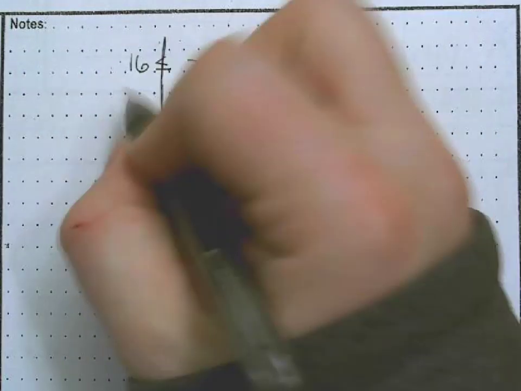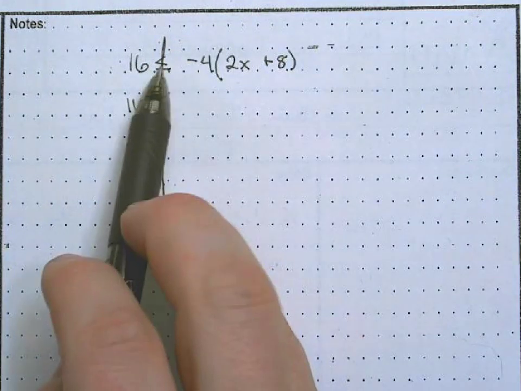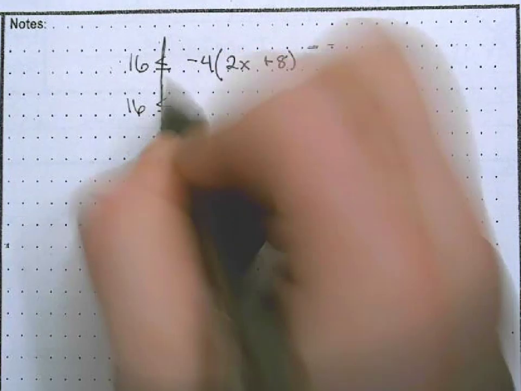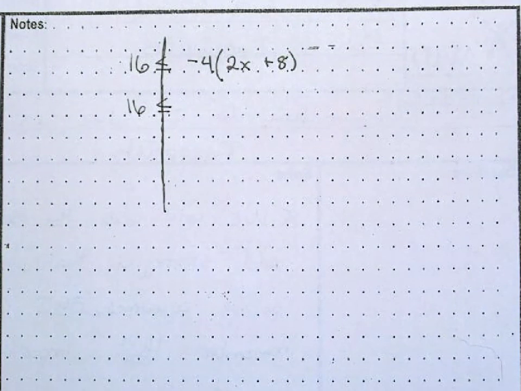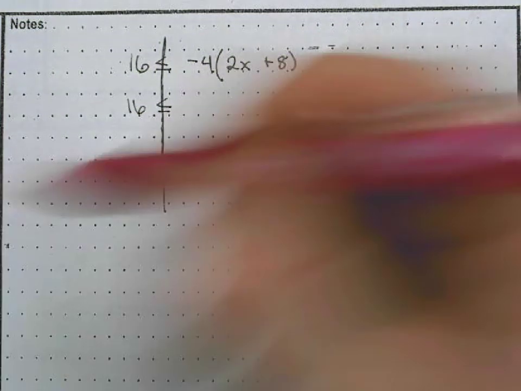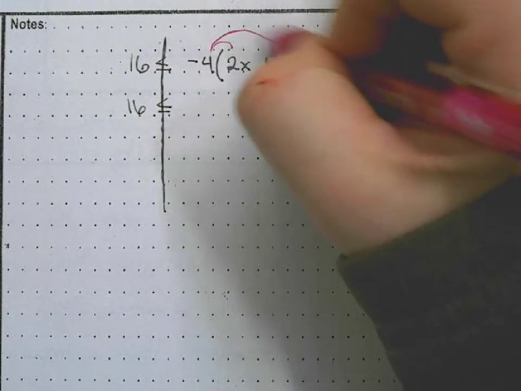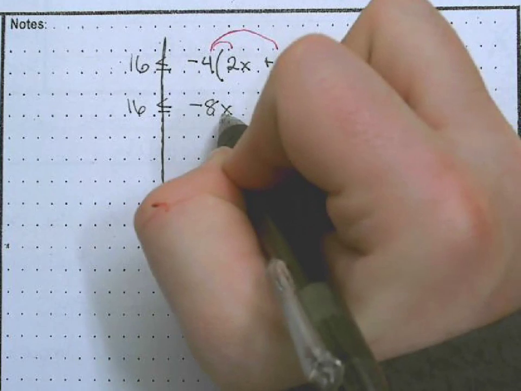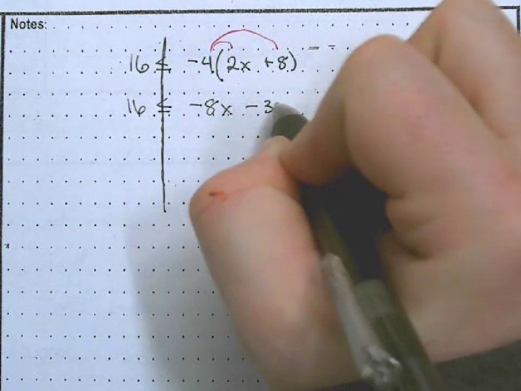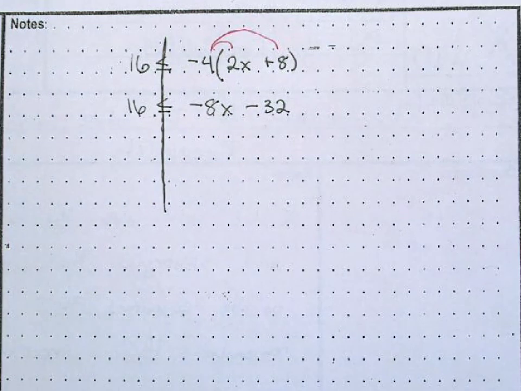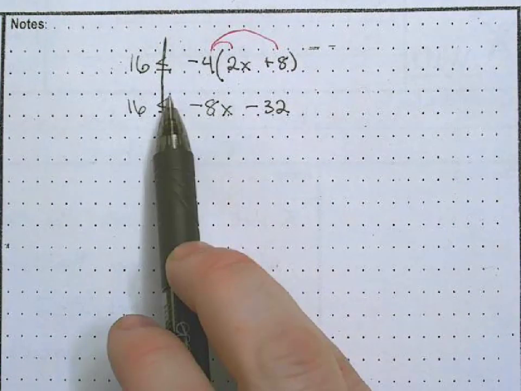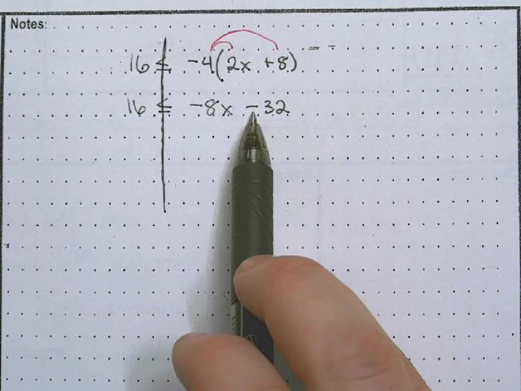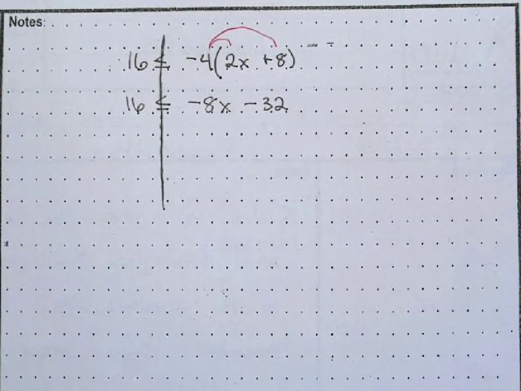There's nothing to do on my left-hand side, so it stays the same. I bring my inequality symbol down, just like an equal sign. Next, we'll distribute our negative 4. So now I have negative 8x minus 32. So I'm reading this as 16 is less than or equal to negative 8x minus 32.